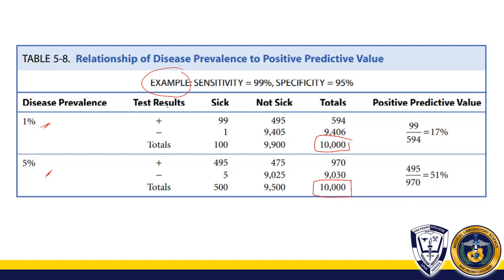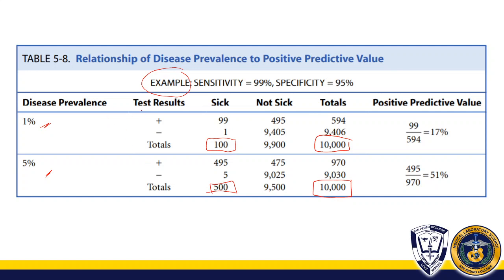Since we are talking about prevalence, that refers to the total number of people having the disease. So, based on your total population of 10,000, multiply it by 0.01, then we would get this result. While here, for the 5% disease prevalence, 10,000 times 0.05, then we would get 500.